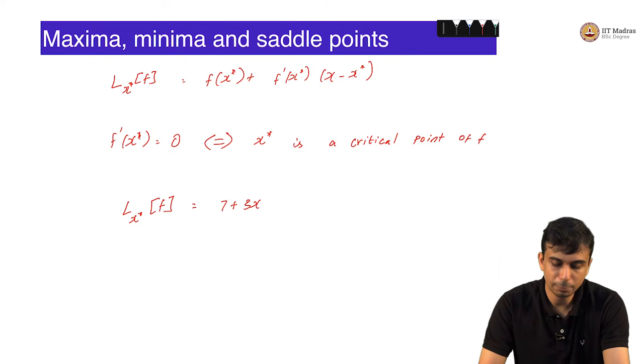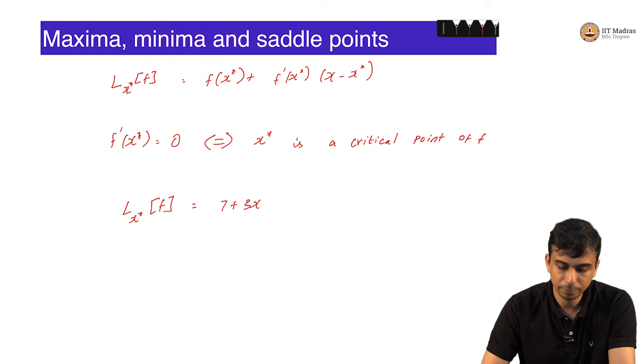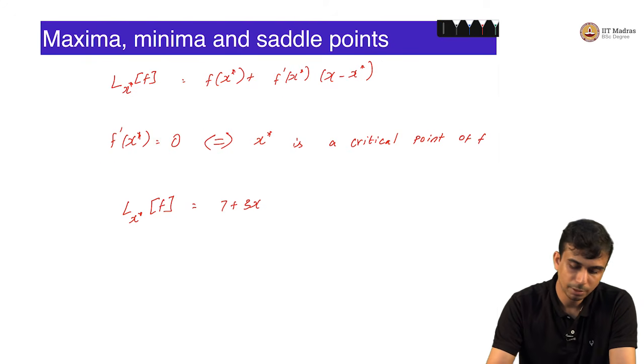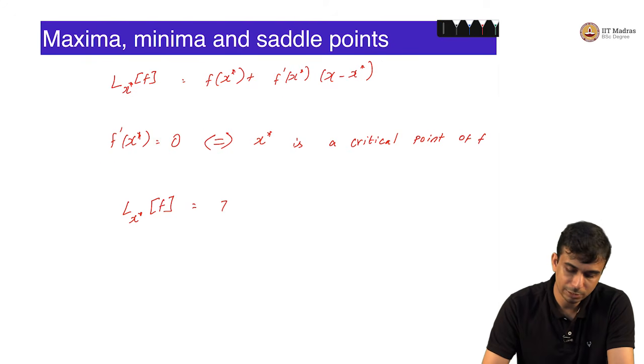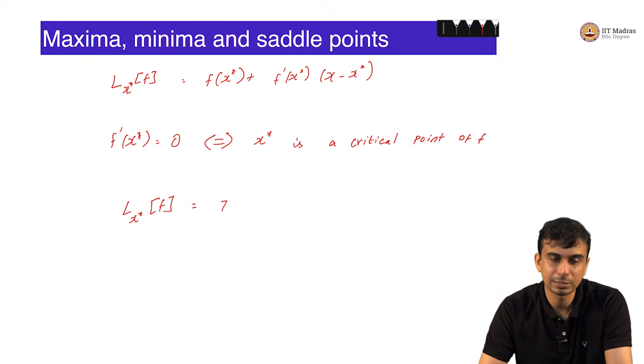Because L x star of f depends on x, in the neighborhood of x star there is a variation. But if you did not have a dependence on x at all, something like L x star of f equal to 7, then around x star there is no variation, it is actually a constant.